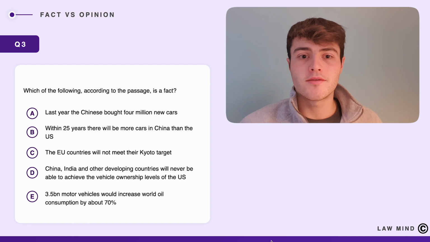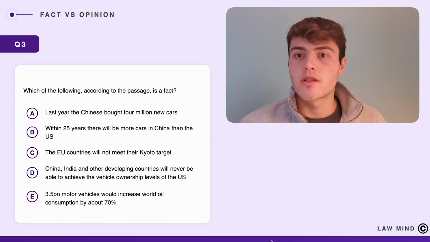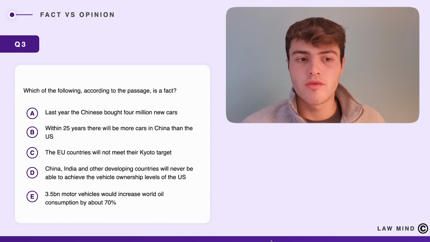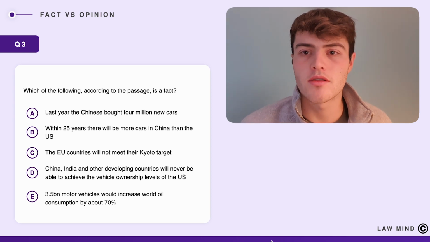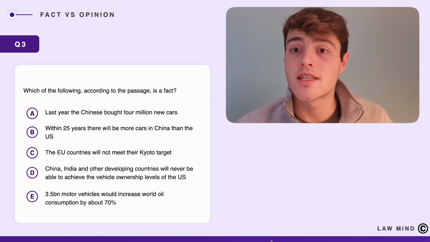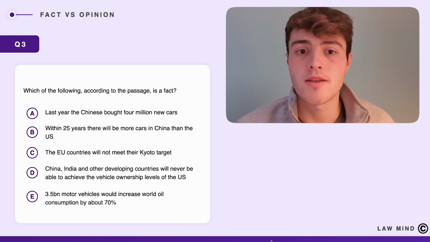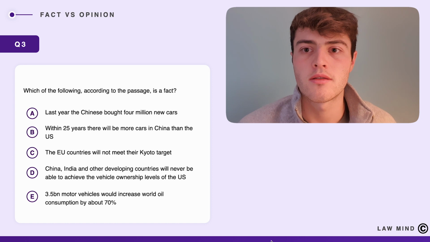If you're struggling, then you can use elimination to get rid of some of these options. Also have a think about some of the word choices used. For example, option C talks about the EU countries not meeting their Kyoto target. That's objective in its nature. It says factually the EU countries definitely will not meet their Kyoto target.